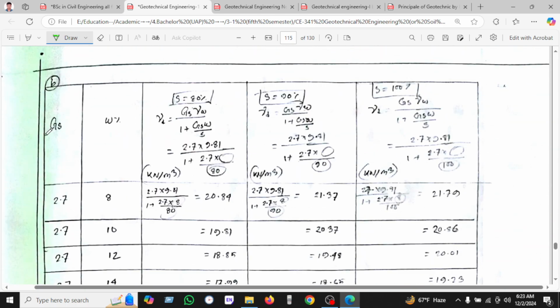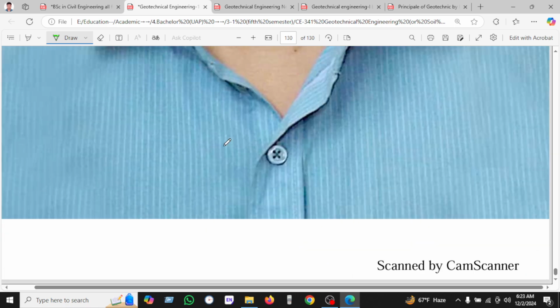We see that GS is given and moisture content is also given, and this is for 80%, and gamma d, we know this formula we have used, GS gamma W divided by 1 plus GS gamma W over S. GS is 2.7, here is 2.7 and 9.81, and 1 plus the specific gravity, which is also given here.